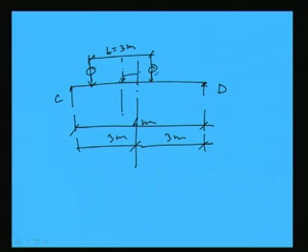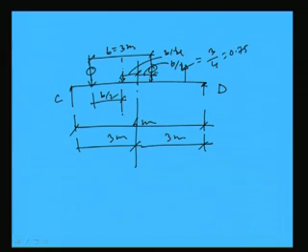This is the condition where the maximum moment will develop, what we have discussed yesterday. So this will become B by 2, this will become B by 2, right. So B by 2 will become how much? Sorry, this will become B by 2, so this will become B by 4 and B by 4. So B by 4 will be becoming, B is 3 meter by 4, so 0.75 meter.